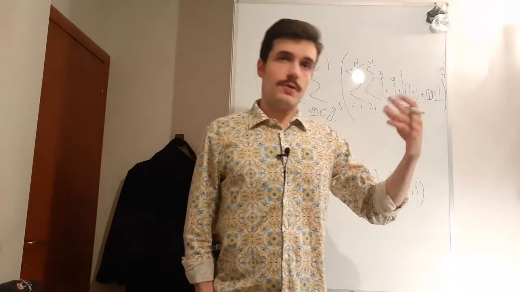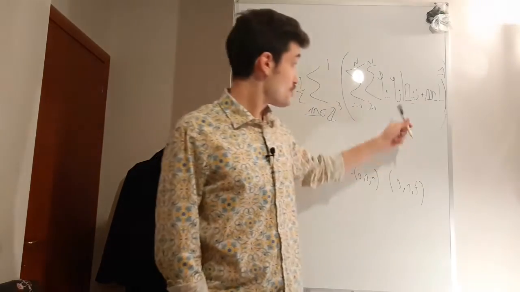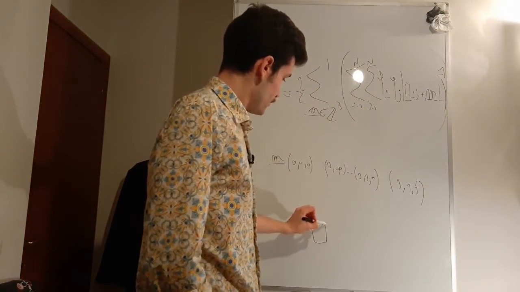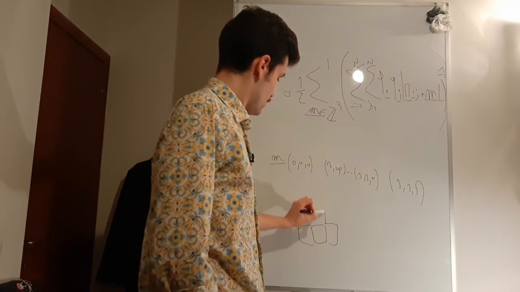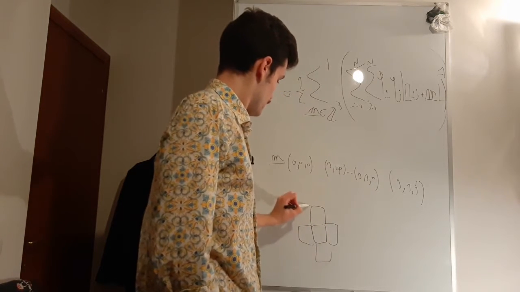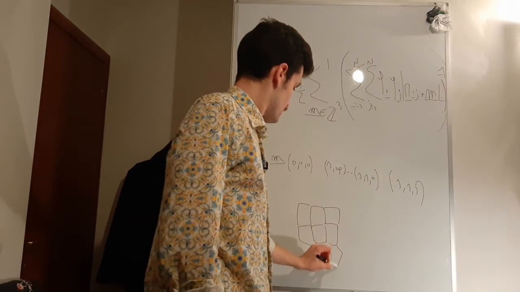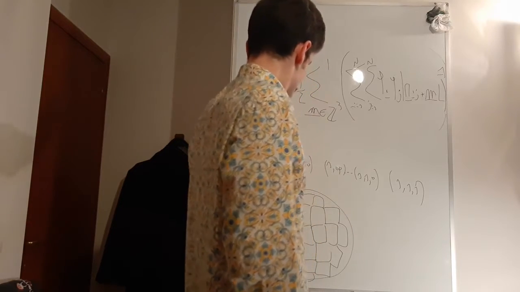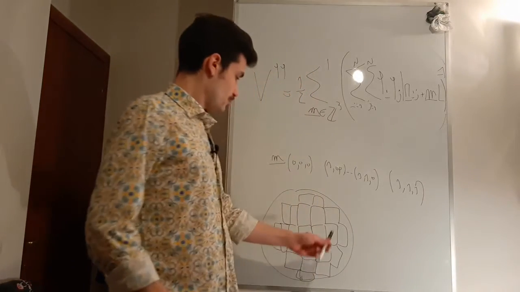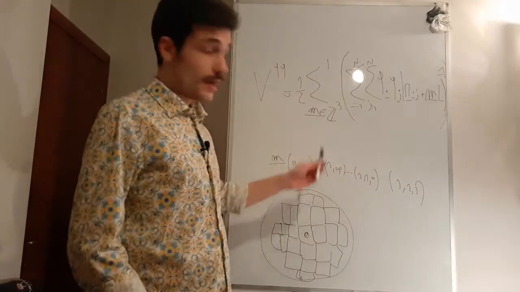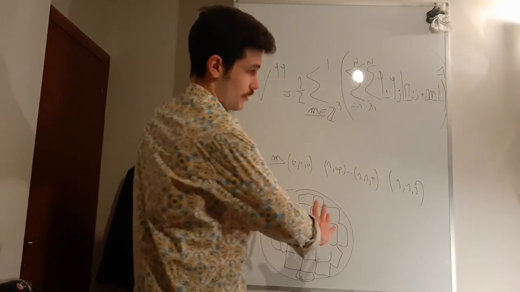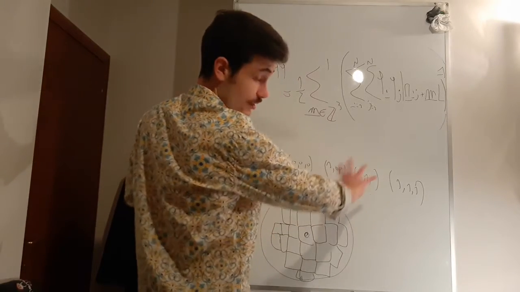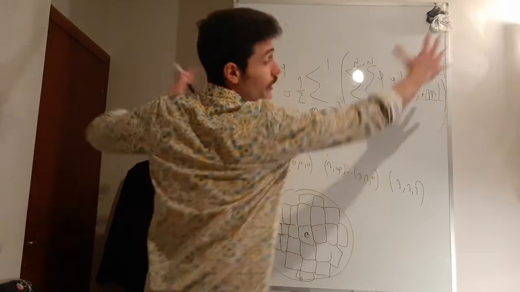Then of course we will have 2, 1, 1, etc. So we will go on creating more or less a kind of sphere of all the cells we do have. So as we go on with m, we are creating more or less a sphere of interacting images, of imaginary images. When we go to infinity, we will have an infinite sphere.